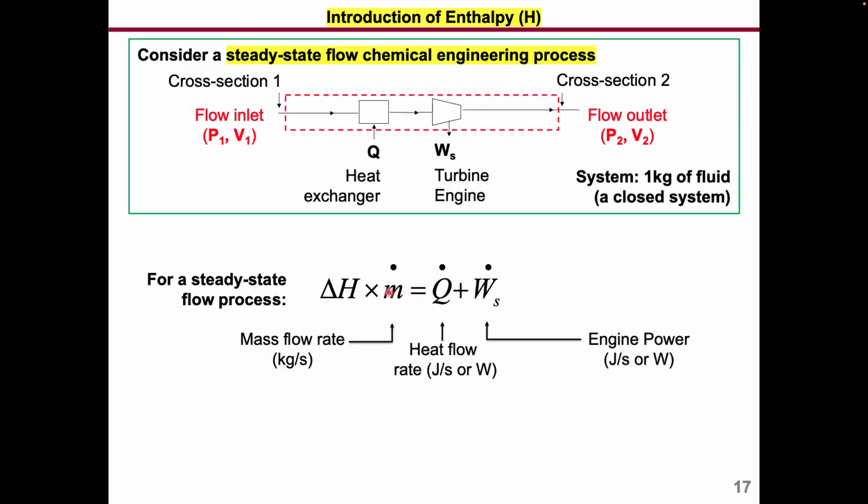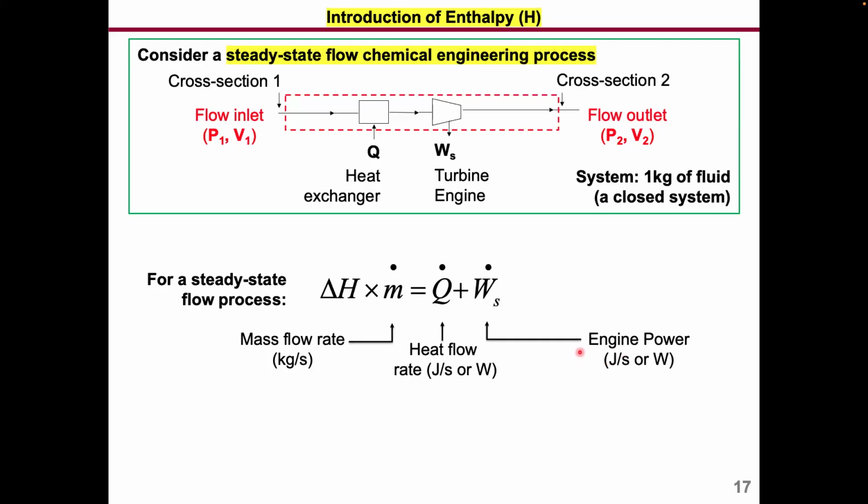So on the left, you have per second. On the right, you also have per second or watts as unit, okay? So here, delta H times the mass flow rate of your fluid is equal to the heat flow rate plus the engine power, right?